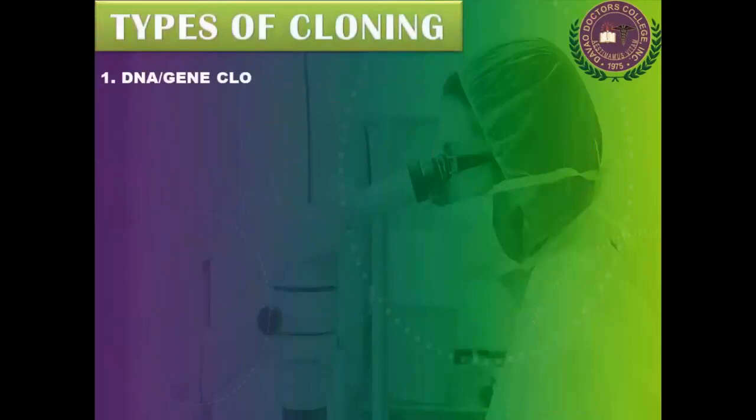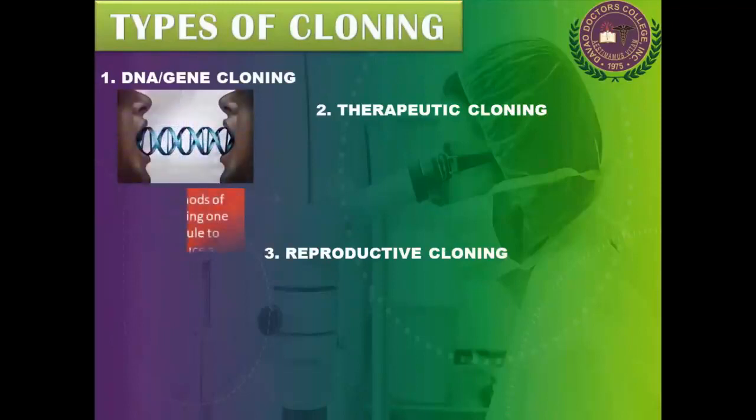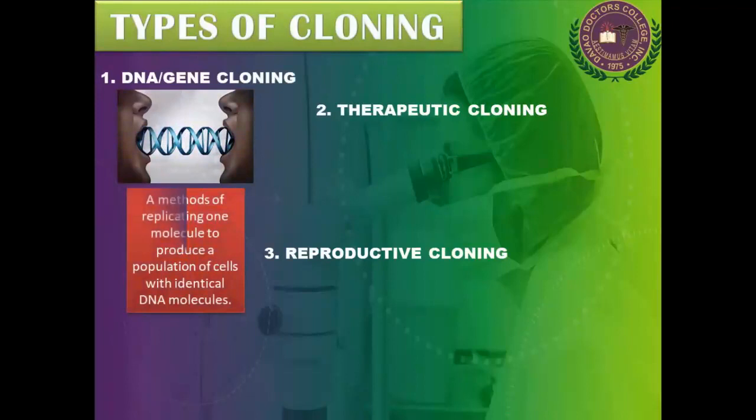There are three types of cloning: the DNA or gene cloning, the therapeutic cloning, and the reproductive cloning. DNA or gene cloning refers to the method of replicating one molecule to produce a population of cells with identical DNA molecules.